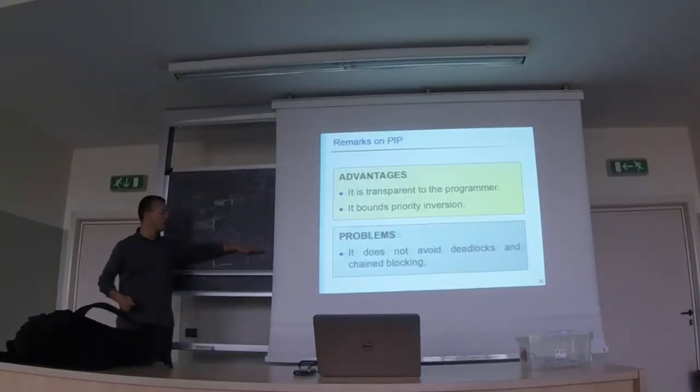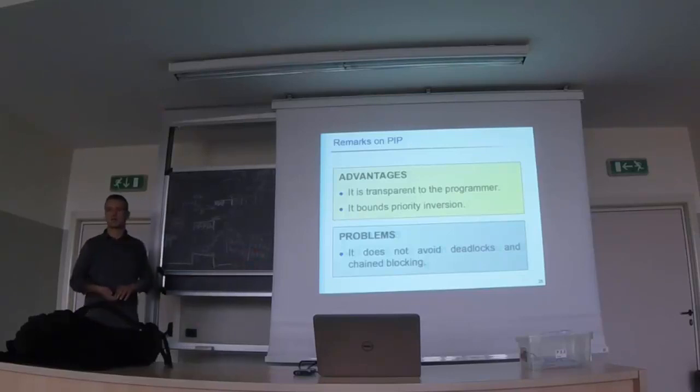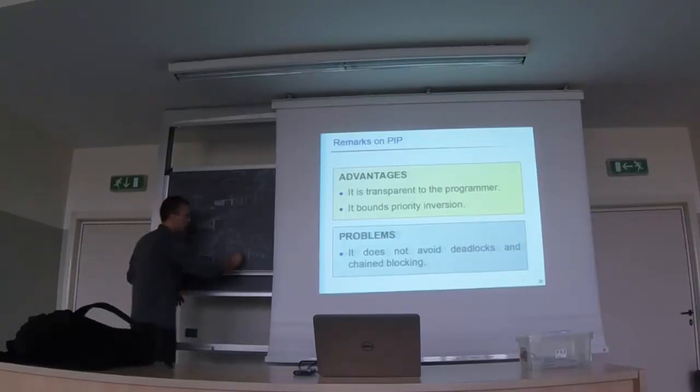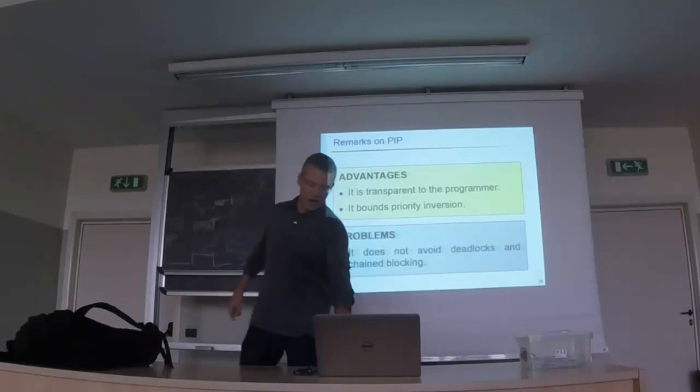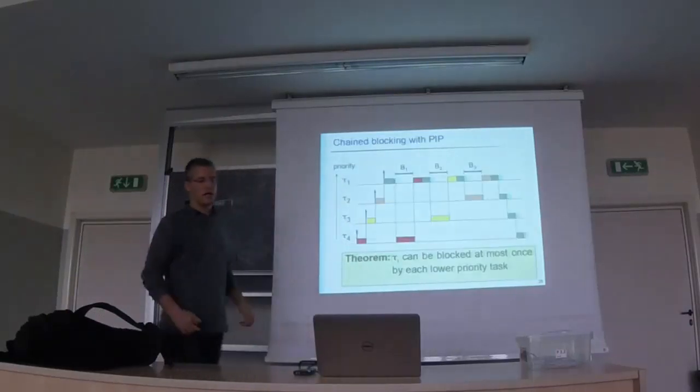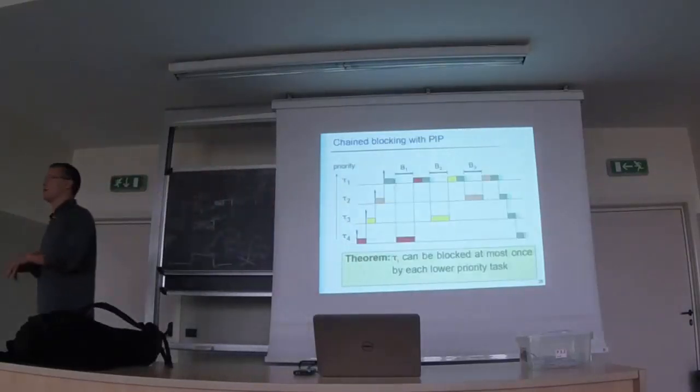Because it may very well be the case that both threads are stuck, each of them waiting for the other to release the resource. This is a deadlock. Priority inheritance is not sufficient to avoid deadlock situations. There are other protocols that may help me avoid deadlocks.